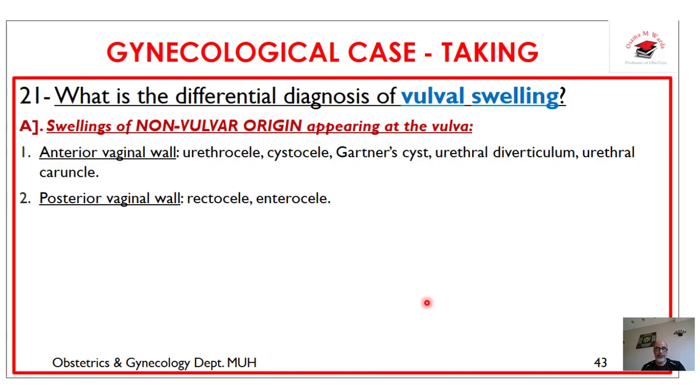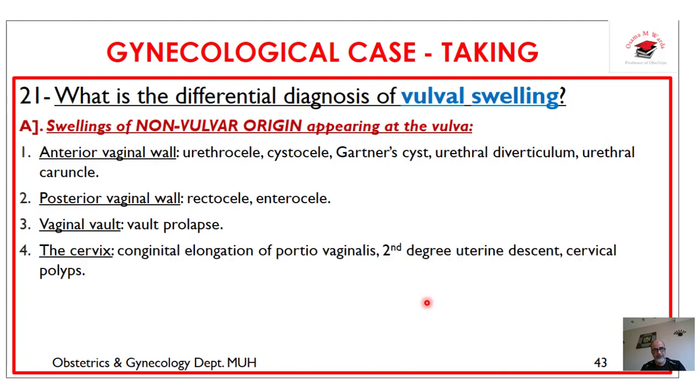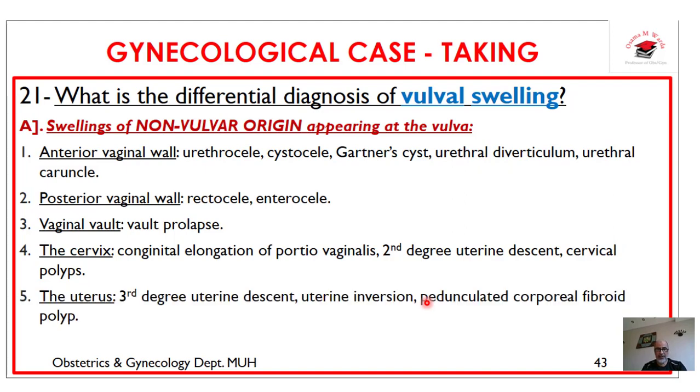Posterior vaginal wall: rectocele and enterocele, vaginal vault prolapse. Cervical: congenital elongation of the portio vaginalis, second degree uterine descent, cervical polyps. The third degree of uterine descent, uterine inversion, and pedunculated corporeal fibroid.